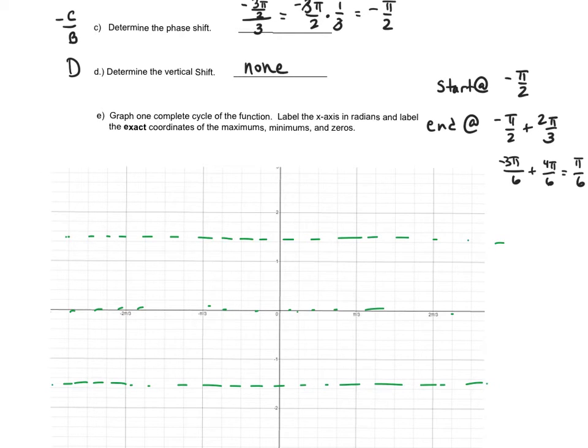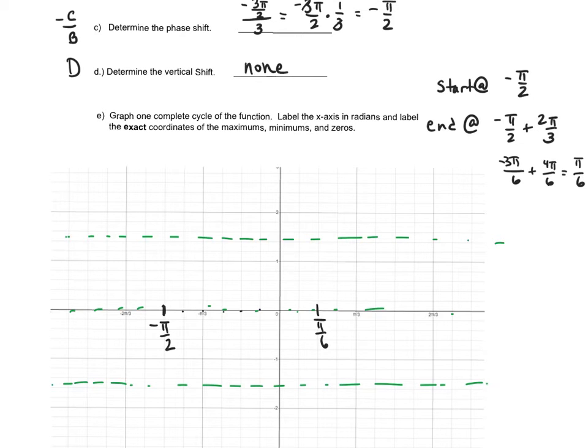Now on this grid, every unit is pi over 12, so each of the little marks is pi over 12. So if I want negative pi over 2, I'm going to go to 6 pi over 12. So I'm going to go back 6. 1, 2, 3, 4, 5, 6. So here's negative pi over 2. And since pi over 6 is my ending point, that's just 2/12, so there's pi over 6.